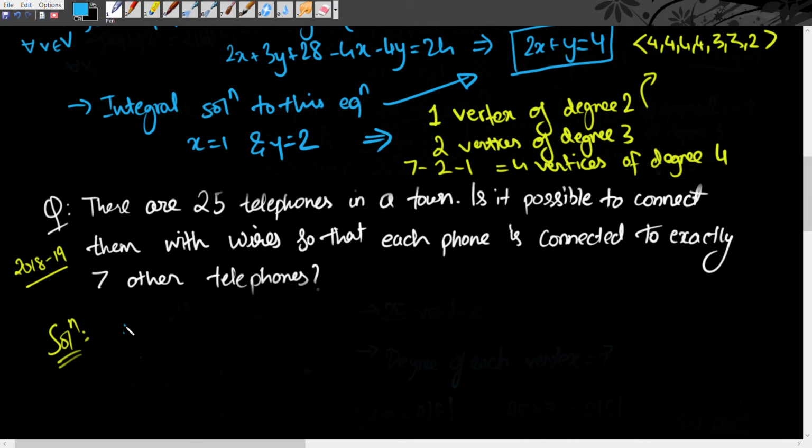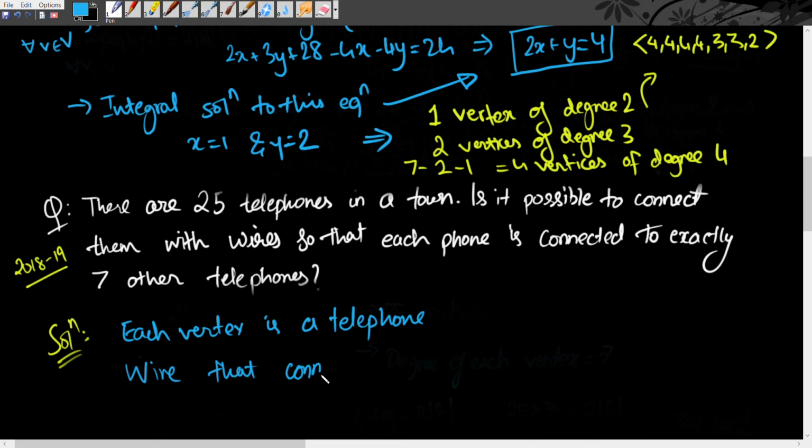Each vertex in your graph is a telephone, and a wire that connects your telephones is analogous to an edge in your graph. Alright, so it can be thought of as a graph.